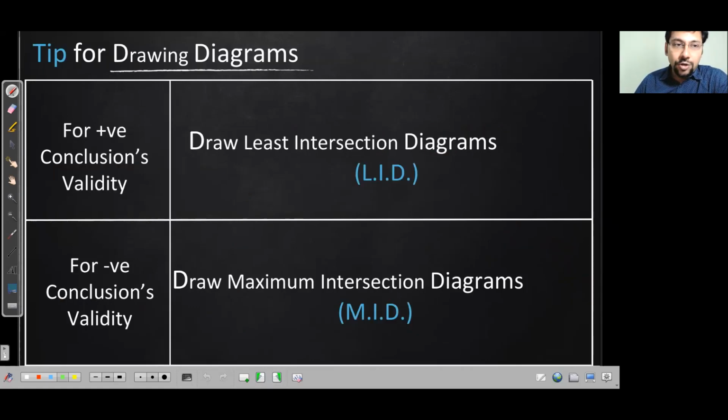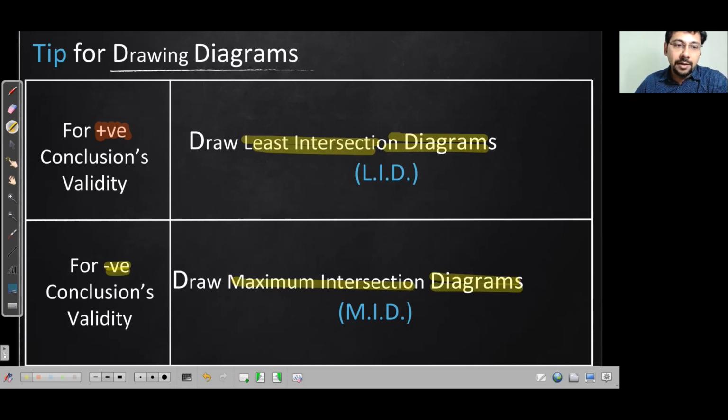So while drawing diagrams, there are two tips that I want to give from my side. Try and aim for drawing the negative diagrams first, and if you have positive conclusions, try to draw the least intersection diagram. What is a least intersection diagram? I'm going to quickly explain, but just for this time, remember them. For negative conclusions, try to draw the maximum intersection diagrams and quickly check.